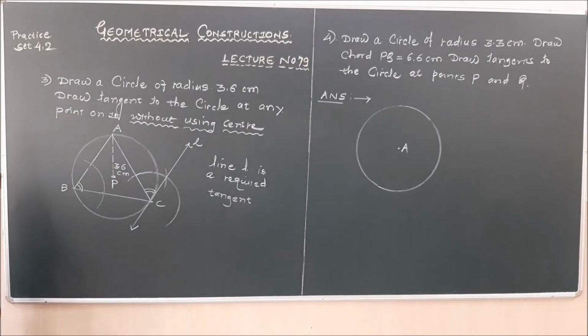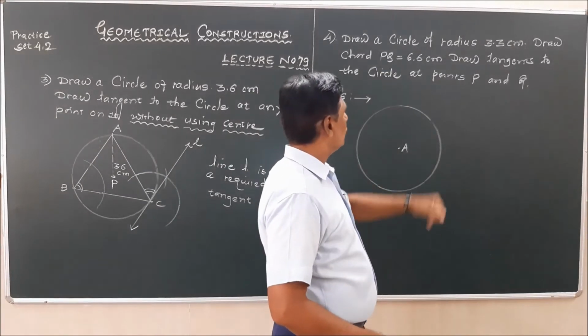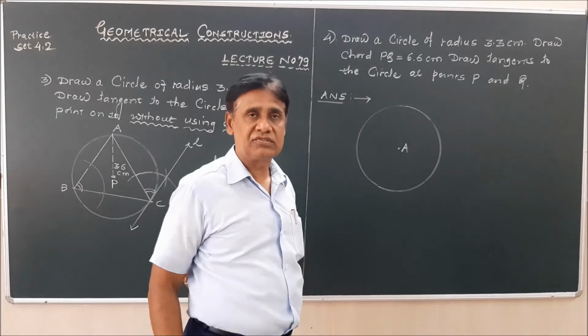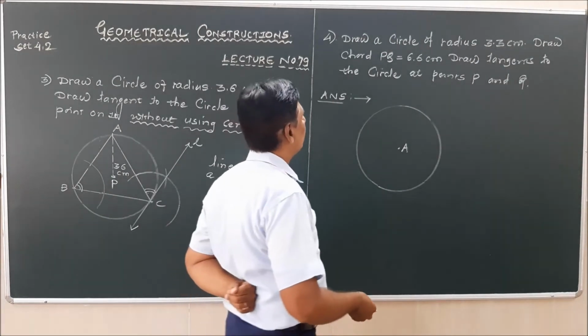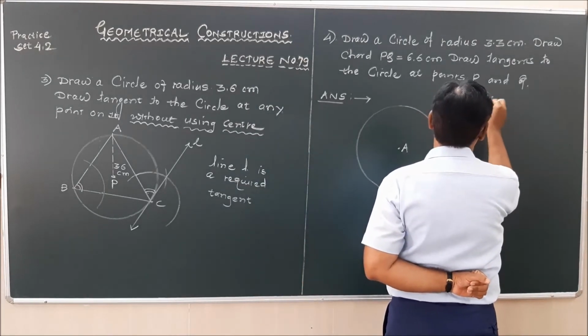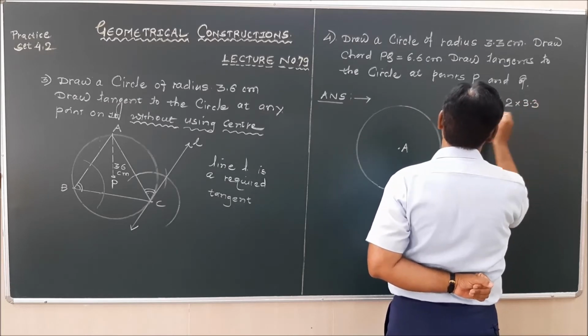Now you have to understand a very important thing. Chord PQ. The relation between chord PQ and radius. Those who are scholar enough will understand very quickly that PQ is equal to 2 into 3.3. So PQ is equal to 6.6.